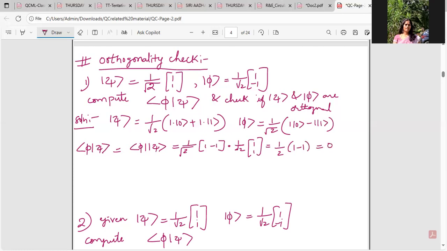The inner product between two different kets is 0. He is also asking in the question whether they are orthogonal or not. Obviously the inner product is 0, so from the definition of orthogonality, ket phi and ket xi are orthogonal.